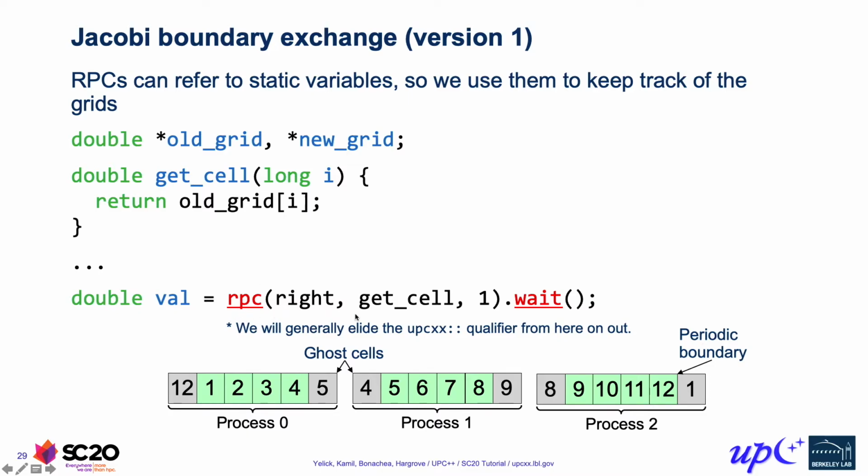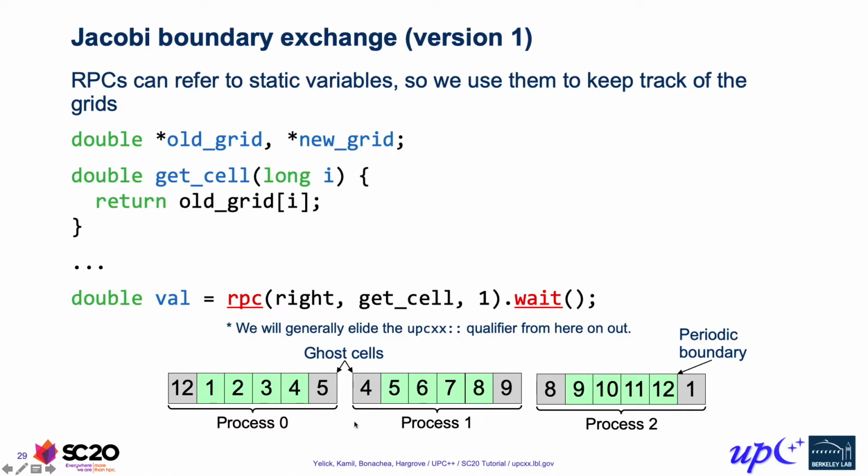and underlined. In terms of which index we need to pass for getCell, if I'm looking at process 0, in order to get the value 5 over here, it's actually at index 1 in process 1, and that's because process 1 is storing the ghost cell from process 0 at index 0 in its own copy of its grid.